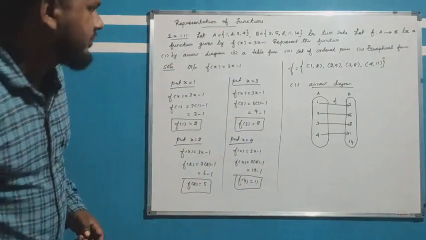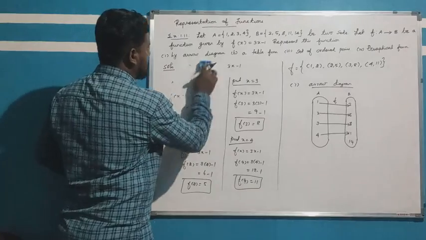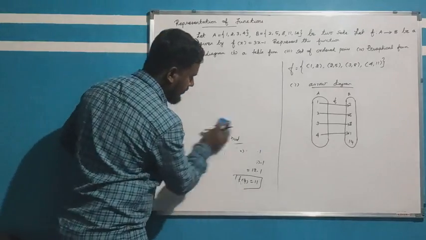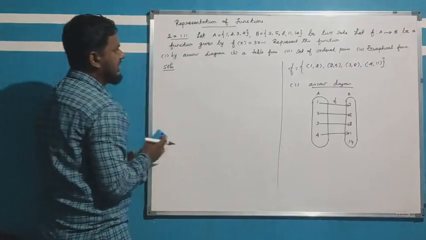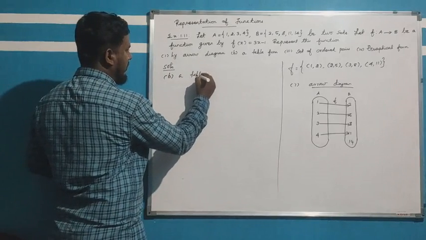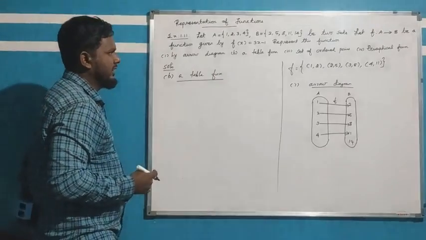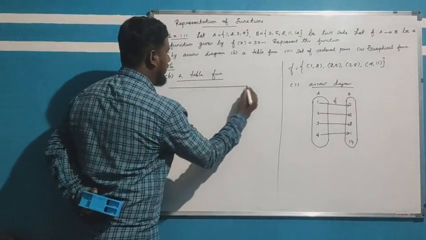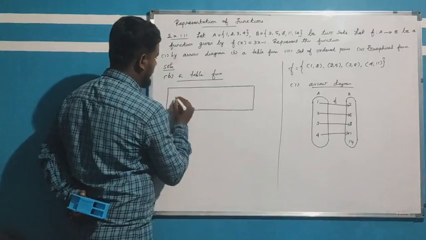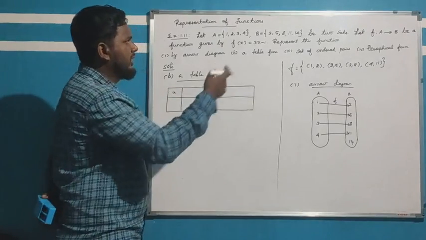So next, you have to find the table form. In the table, we can consider x, and if you take x, we will get f of x.